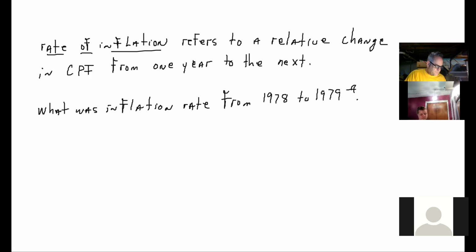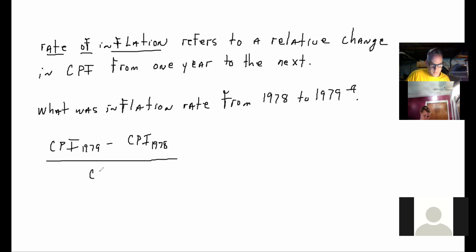Well, I would want to know the absolute change from, again, I'm comparing to this, and I'm looking to go to here. So the calculation would be: take your number from 1979, subtract the CPI from 1978, and divide that by the CPI of 1978. You would go to your table and pull those numbers off.